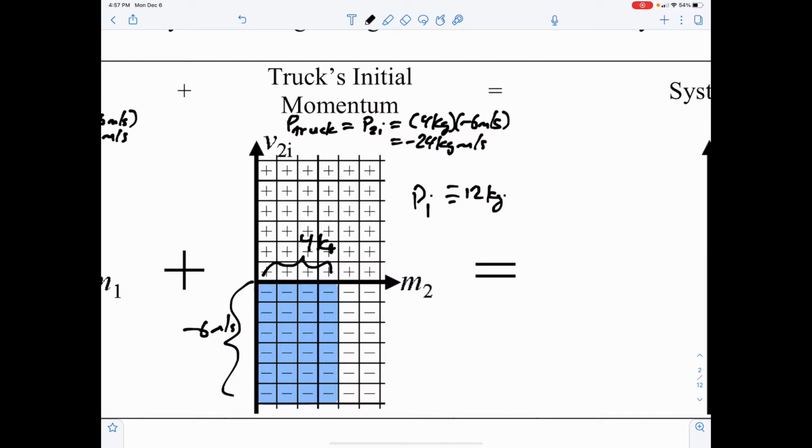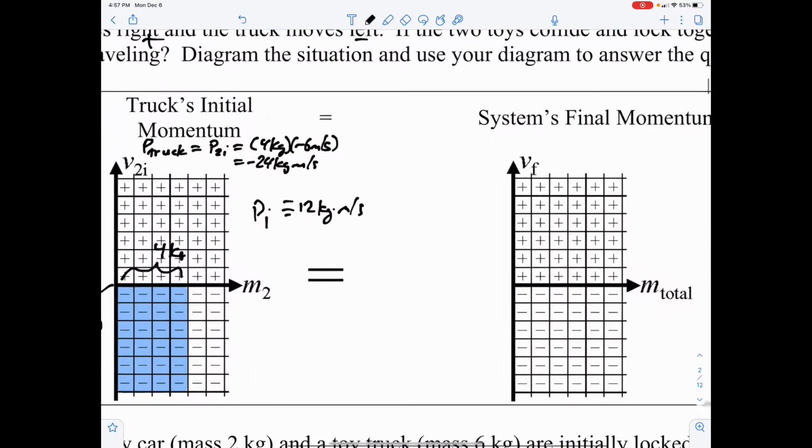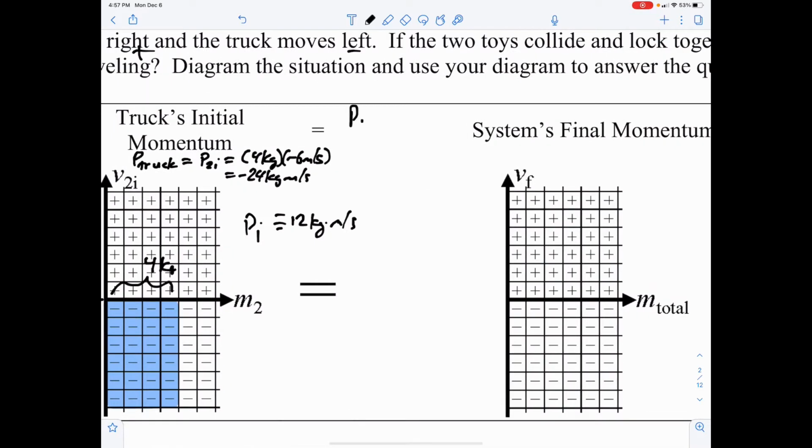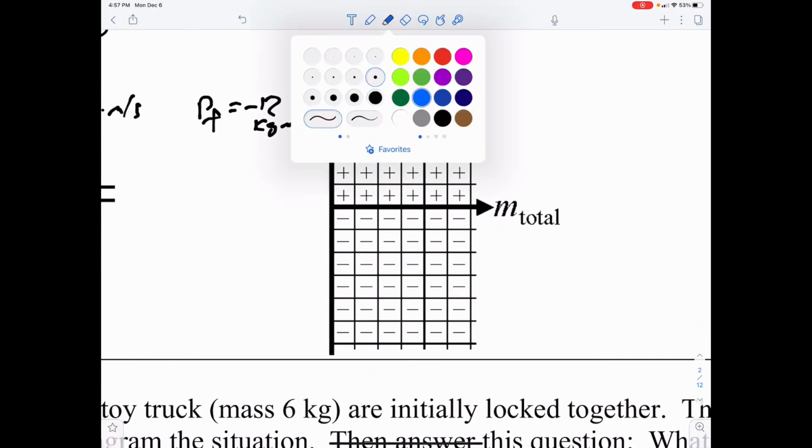kilogram meters per second. Now, since the final momentum is supposed to be the same as the initial momentum, because momentum initial equals momentum final, that is conservation of momentum, the final momentum needs to also be negative 12. I'll shade this one in black.